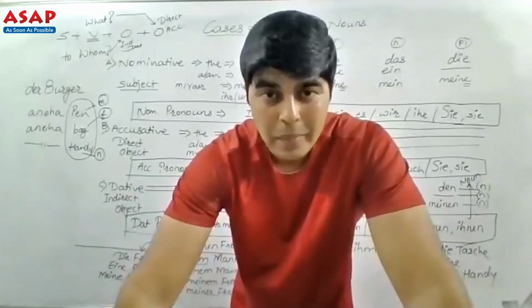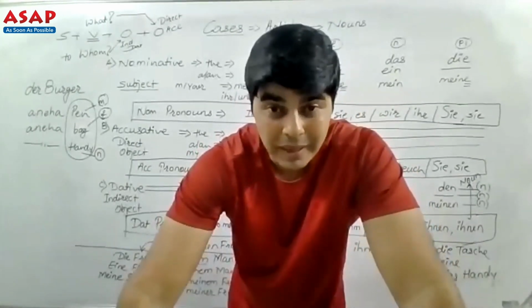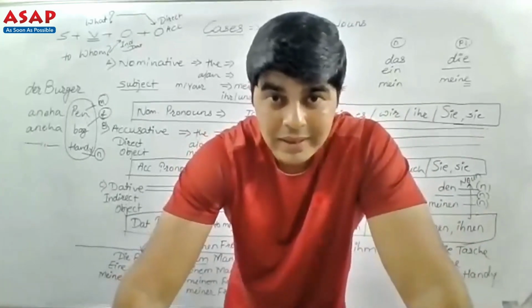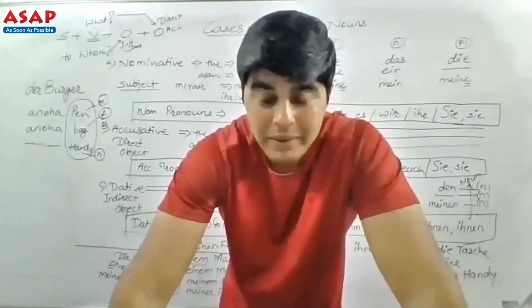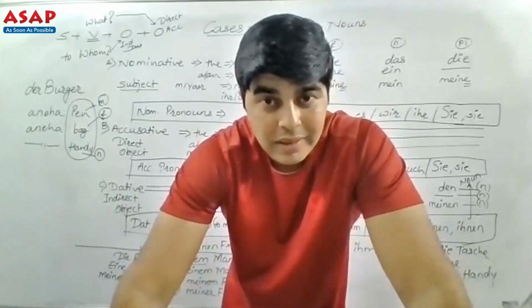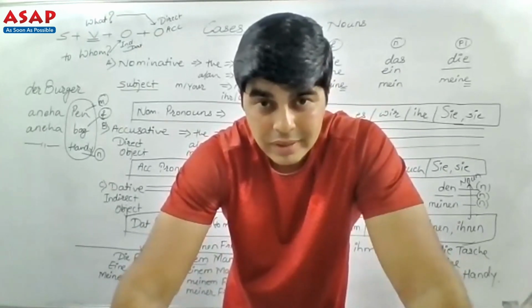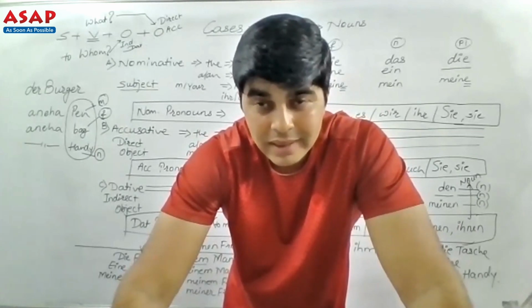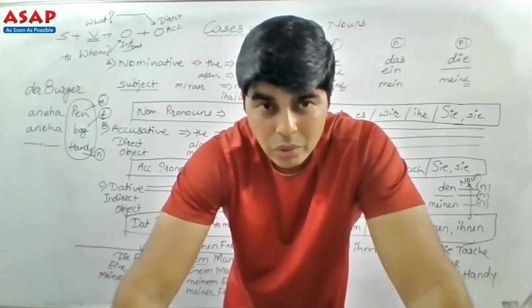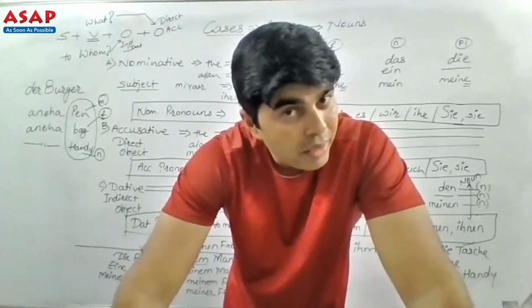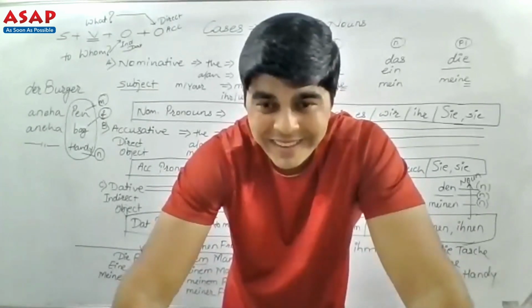Okay? So now what you need to practice, look at this. Make 20 sentences by connecting words from the table given below. Nominative, verb, dative, and then accusative. Die Frau gibt dem Mann den Kuli. Who is doing the action?